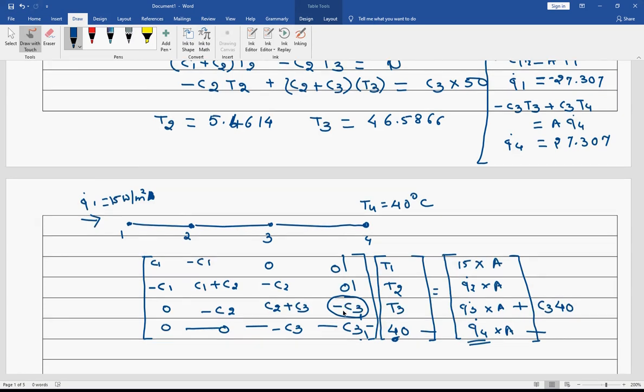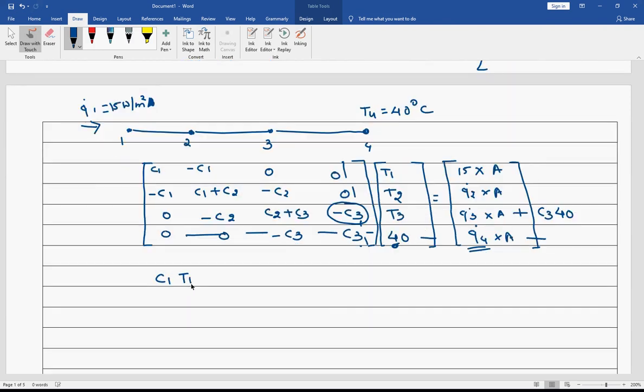Now what happens in this case, I will get C1 into T1 minus C1 into T2 is equal to 15, as I have taken A as 1 unit. Then minus C1 into T1 plus C1 plus C2 into T2, minus C2 into T3 is equal to 0.